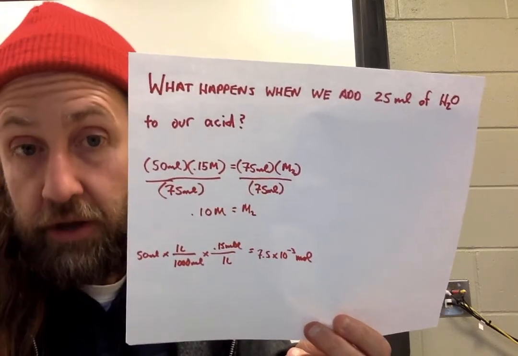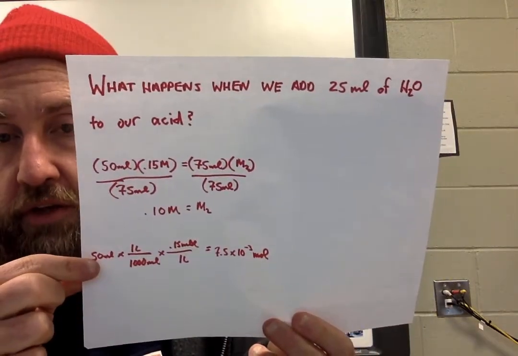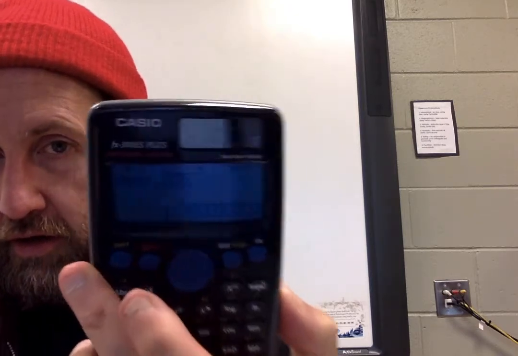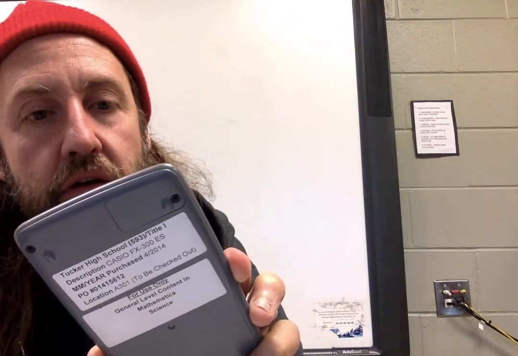I know it's not the same because we took our 50 milliliters and we added 25 milliliters of water, and so you would be dividing that by 0.075. So you take that 50 divided by 1,000, and I know the answer, I'm just showing it to you, times 0.15 divided by 0.075, and there you get your, whoops, what did I do there?